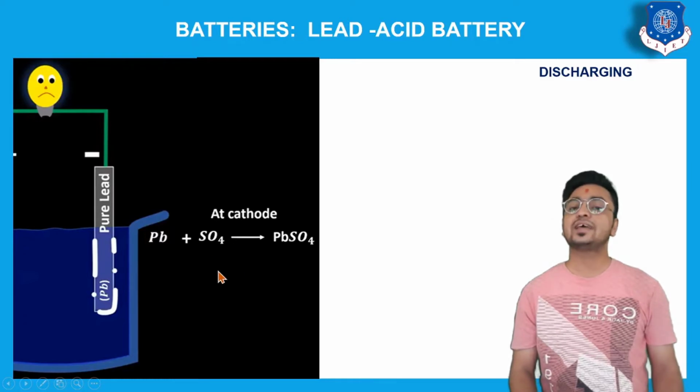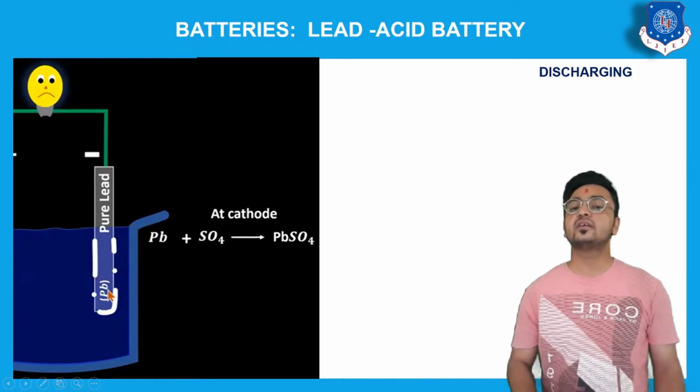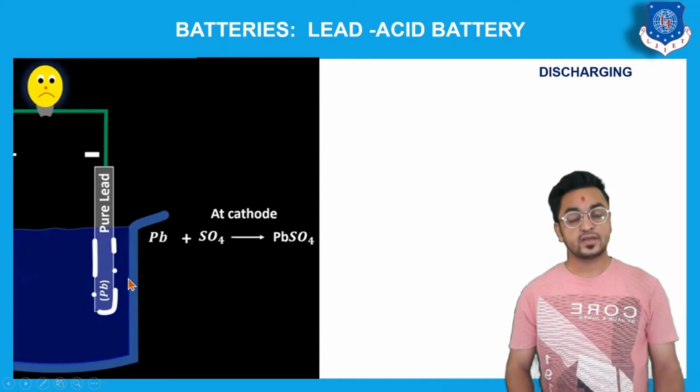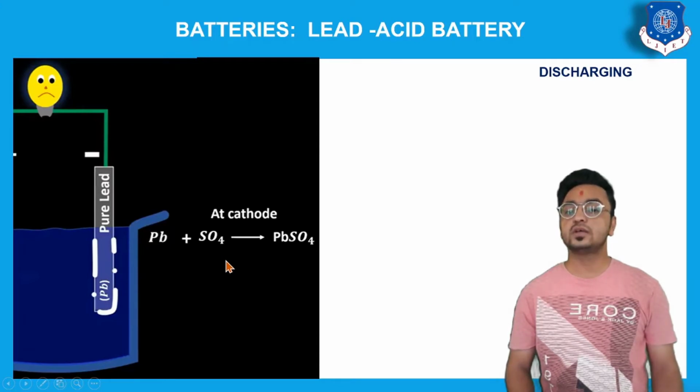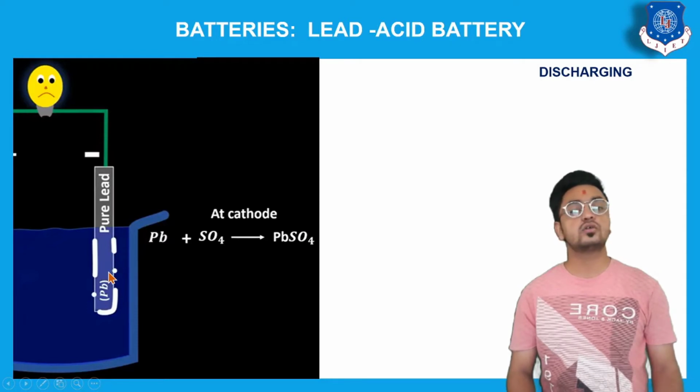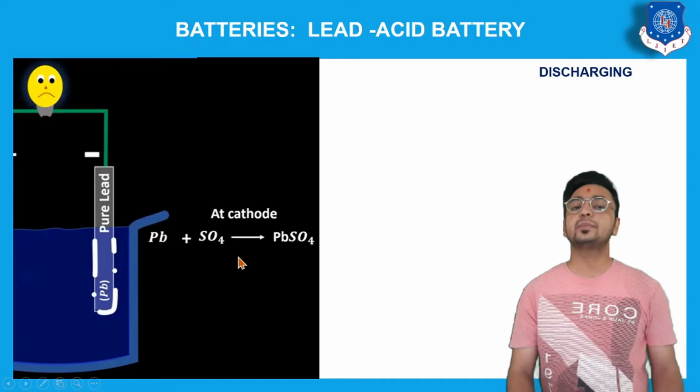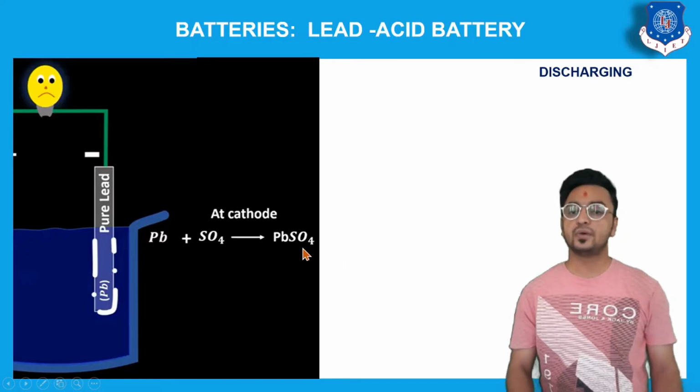Once this SO4 forms, it reacts with the Pb, and it forms PbSO4 on the cathode terminal. This whitish material represents the PbSO4.